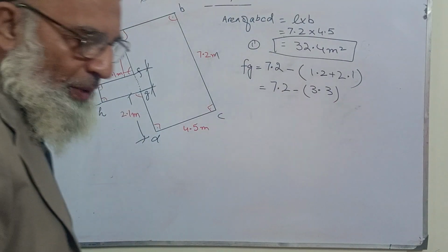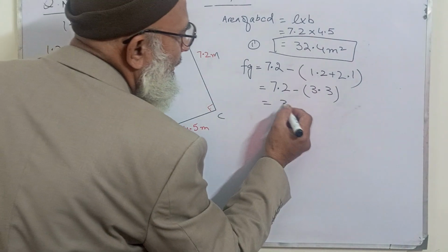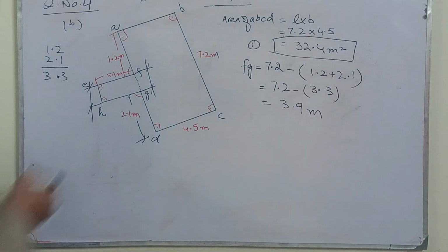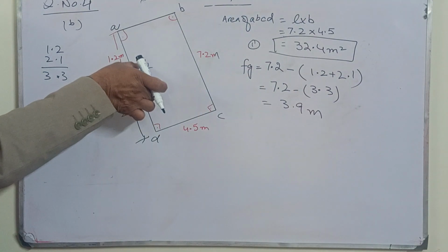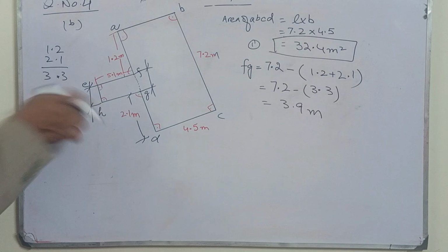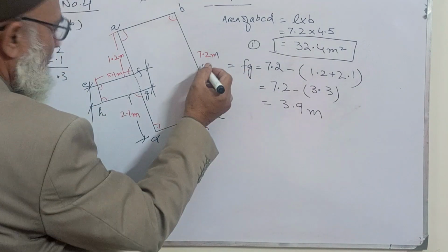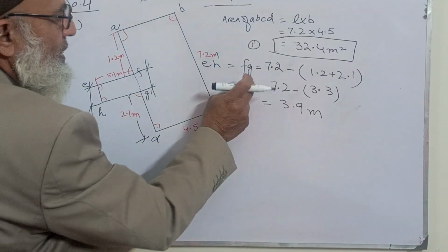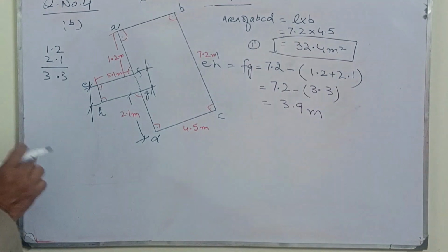So 7.2 minus 3.3 is equal to 3.9 meters. Now this FG, this small portion, and EH are both the same. FG is equal to EH, so it is equal to 3.9.